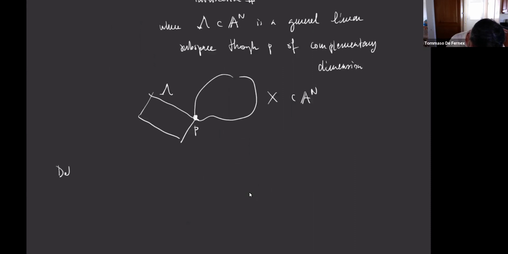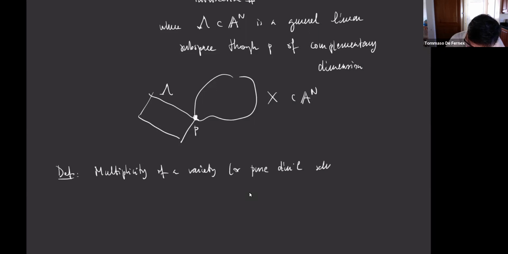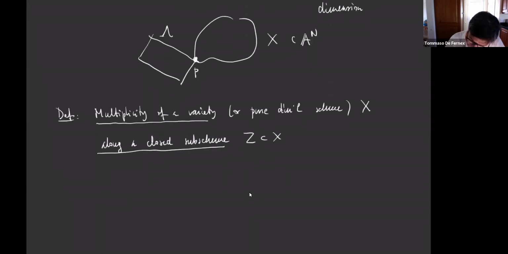So more generally, let me give a definition that we're actually going to need. What is the multiplicity of a variety, or a pure dimensional scheme, X along a closed subscheme Z inside X at an irreducible component T of Z?